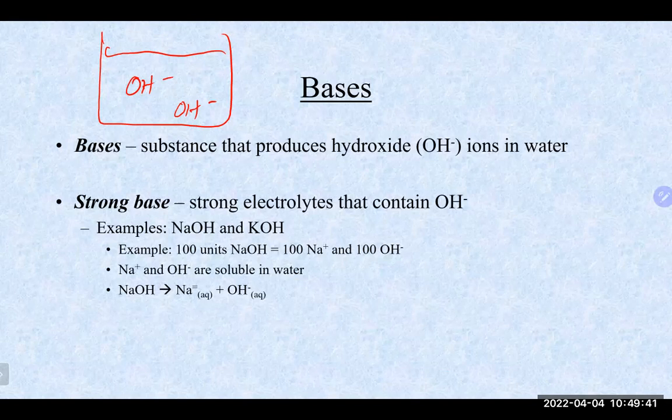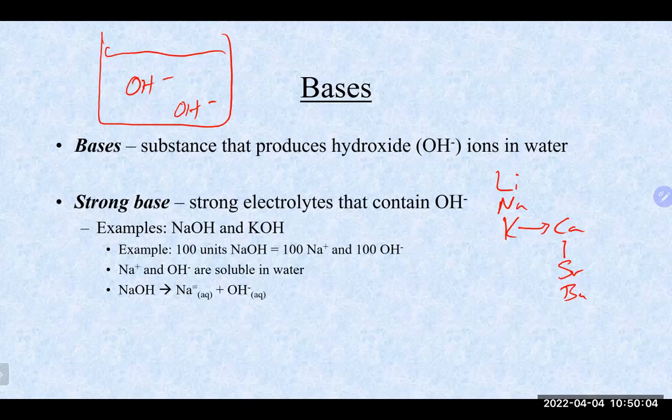And strong bases, as I just mentioned a second ago, pretty much have hydroxide in them. Again, if you go on the periodic table where lithium is, and then there's sodium, then potassium, then you hang over to calcium and come down to strontium and barium. Any of those guys with OH in the formula are probably going to be a strong base.